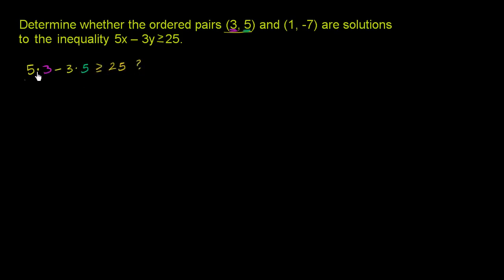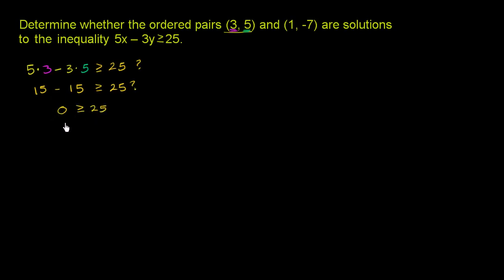So 5 times 3 is 15. And then from that, we're going to subtract 15. And let's see if that is greater than or equal to 25. I put that question mark there because we don't know. And 15 minus 15, that is 0. So we get the expression 0 is greater than or equal to 25.